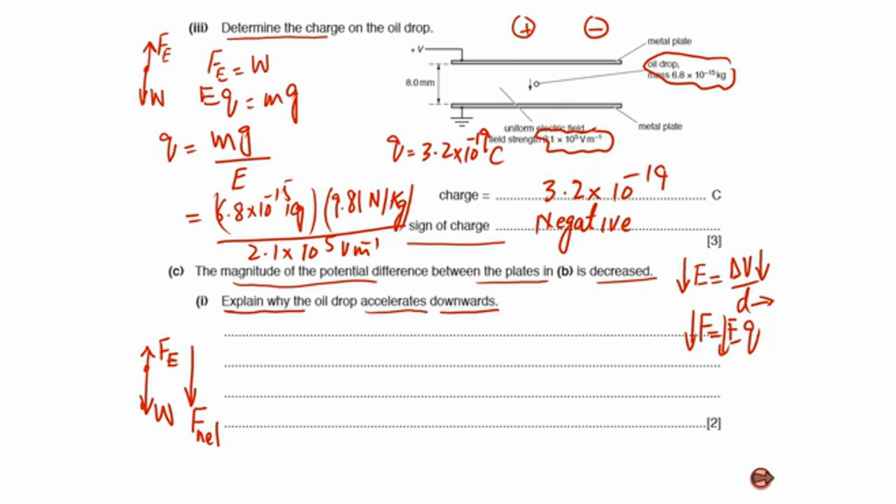If the resultant force is acting down, we can also say the acceleration, by Newton's second law, also has to be down. So we can write acceleration is down. If we have this understanding, then we can write a proper answer. There are only 2 marks for this question, so let's try to write a proper answer now.